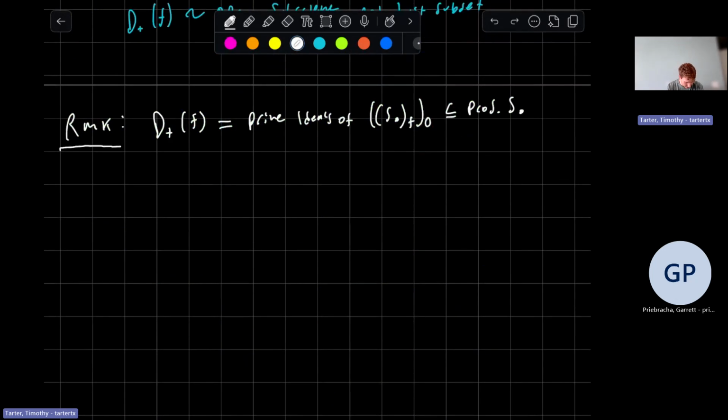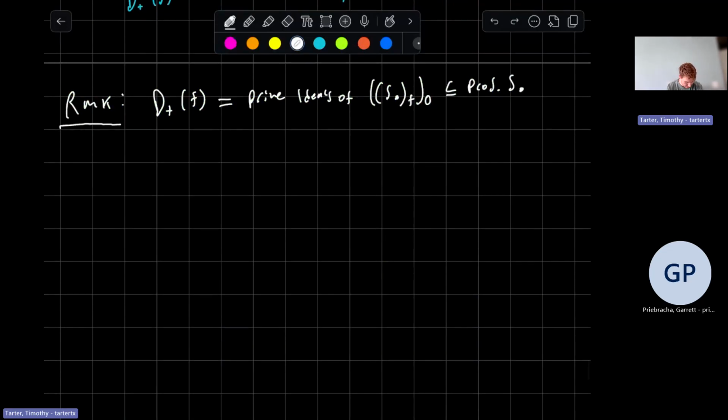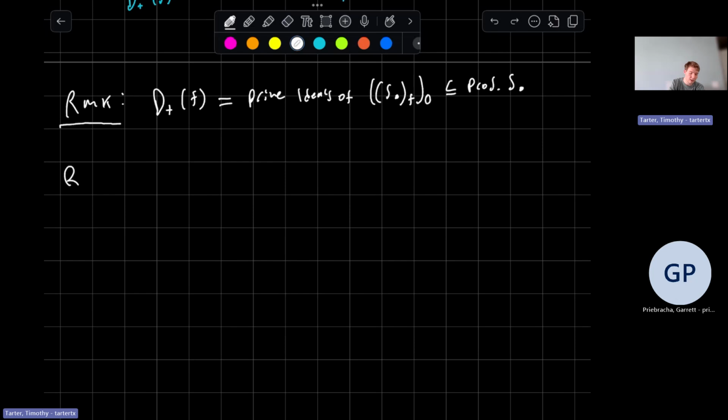So as in the affine case, the V(I)s satisfy the axioms of the closed sets of a topology, and we call this the Zariski topology on Proj S. Many statements about the Zariski topology on Spec of a ring carry over to this situation with little extra work. Like, I'll add this as a sub remark: D plus F intersect D plus G is equal to D plus FG.